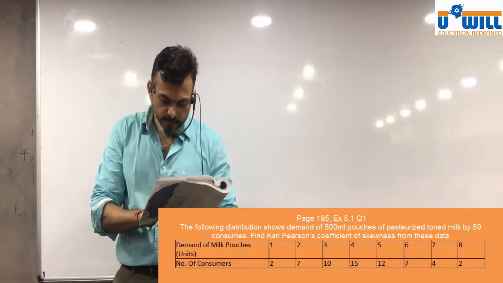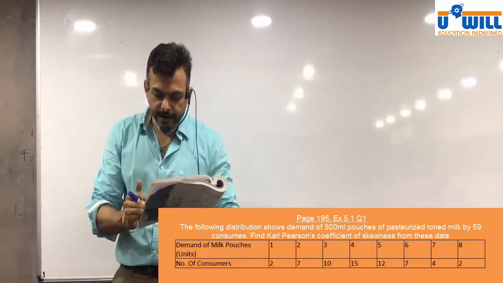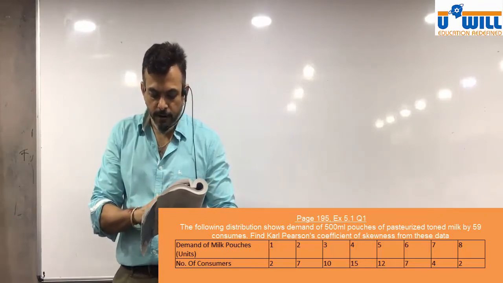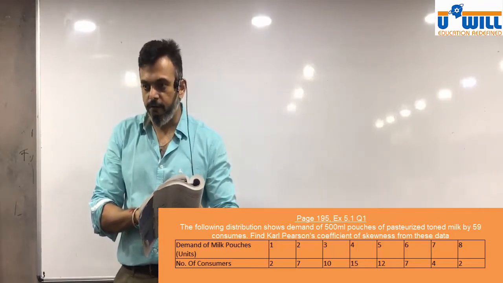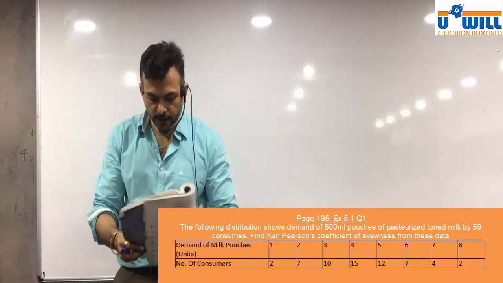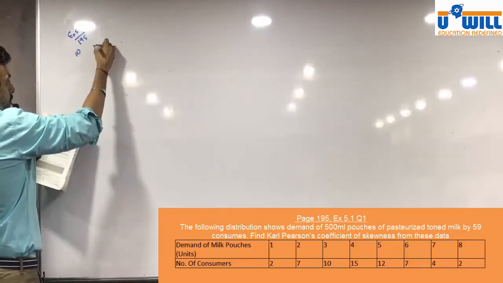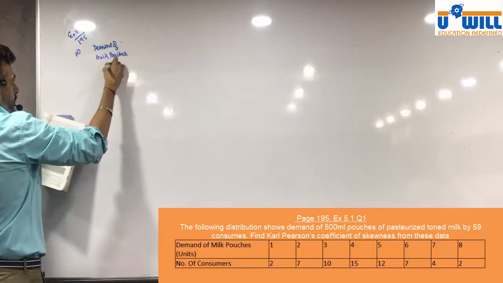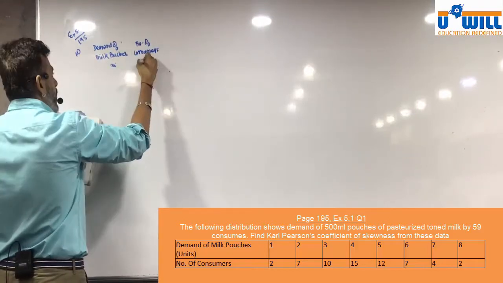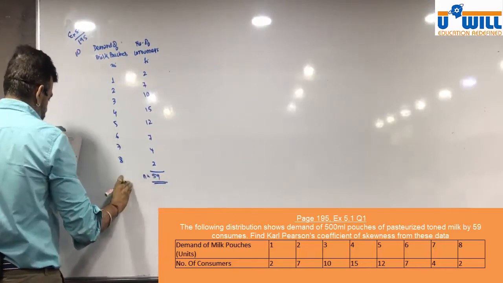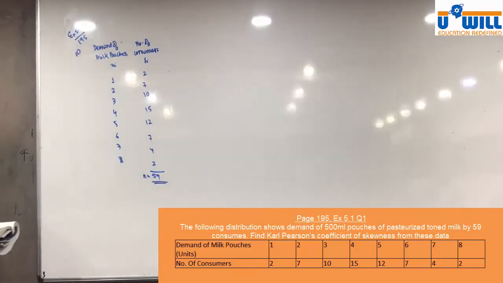Over here, it's a discrete data, and the highest frequency is 15 for milk pouches unit 4. So we can follow our normal formula. Write the question: demand of milk pouches, xi, number of consumers, fi, 59. N is equal to 59. 59 consumers is already given.